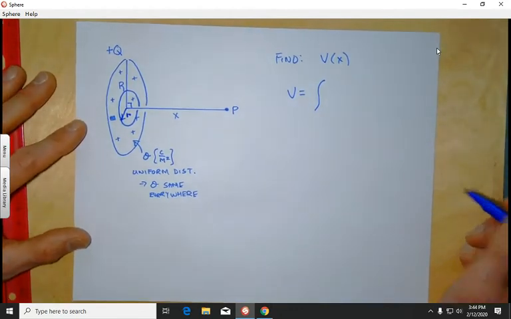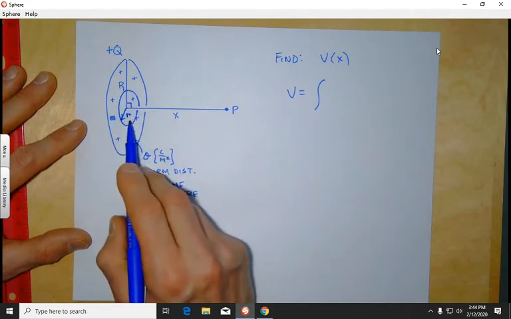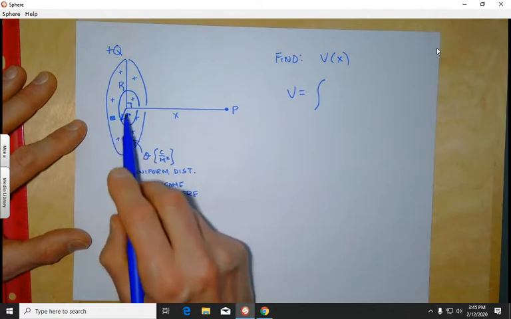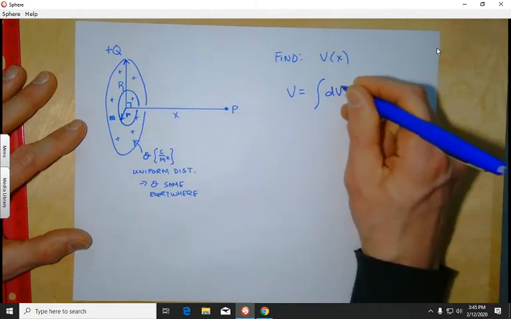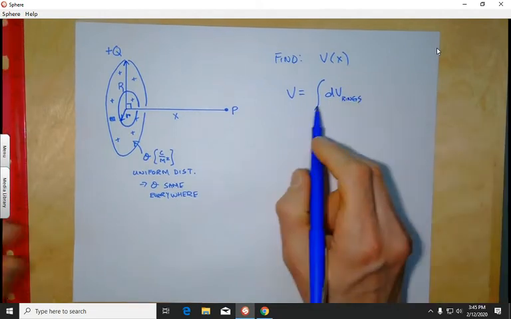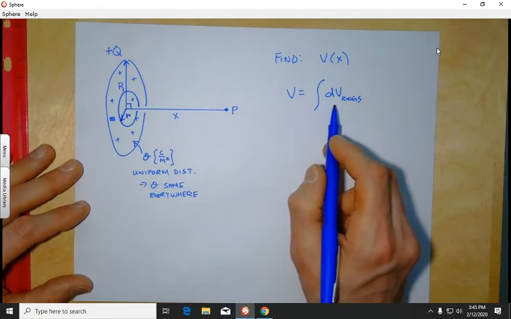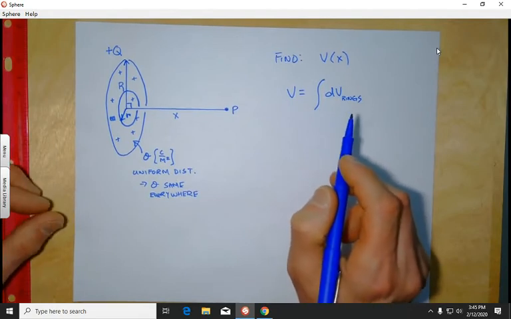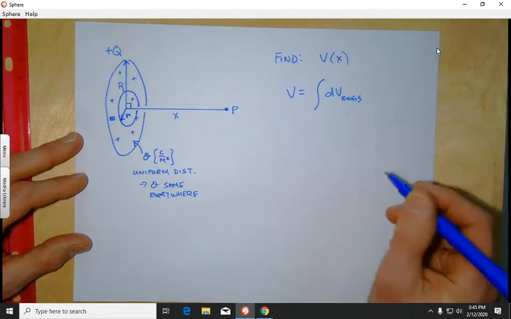And what I'm going to do is add up all of the potentials that come from rings, and I'm going to let the rings start really small at 0, radius of 0, and they're going to go all the way out to a radius of uppercase R. So kind of symbolically, I'm going to be adding up the potentials from the rings. And in the other example that we did in class, we derived the potential for a ring already. So we're going to use that result in this problem here.